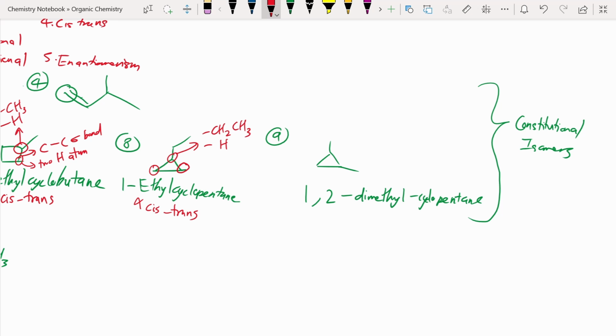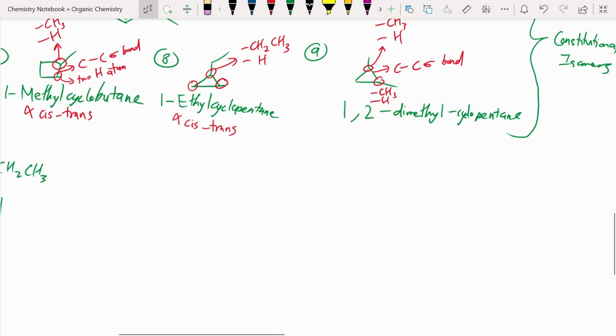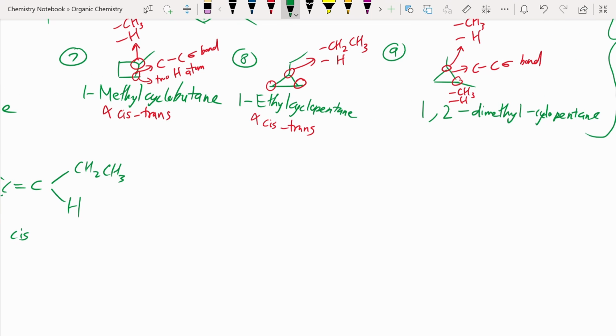However, for compound 9, as you can see, if we treat this as the CC sigma bond, where the restricted rotation is about this CC sigma bond, then it can work because there are 2 different groups on this one, CH3 and an H. This one is a CH3 and a H. So if you were to draw out this molecule for cis-trans, it can exist.